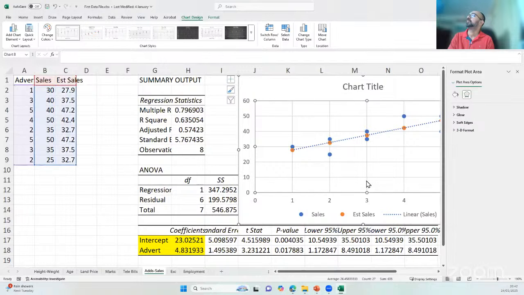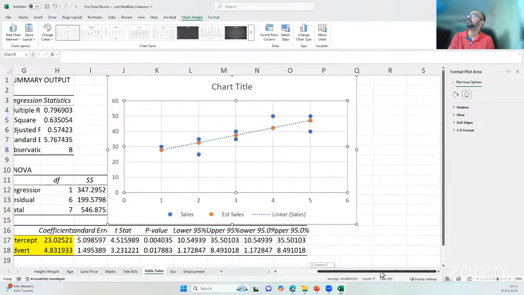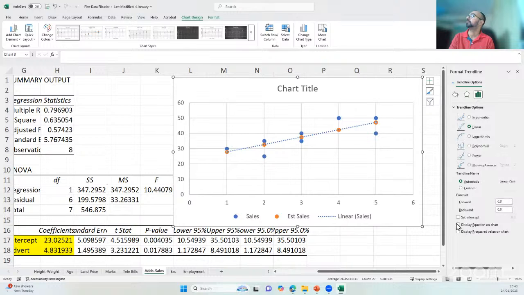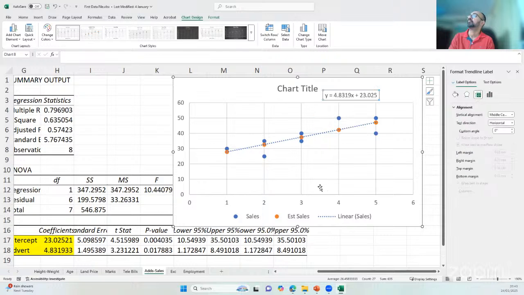So once we add the trend line, you can see they are on the trend line. So that is the estimated line. Okay. So let's get the equation also there for clarity. So it's the same. Got it? So the estimated values are on the trend line.